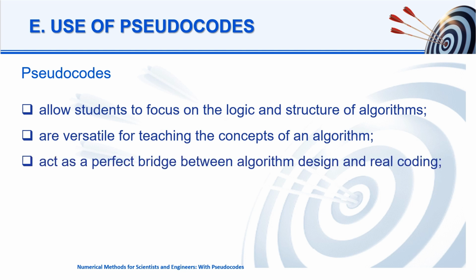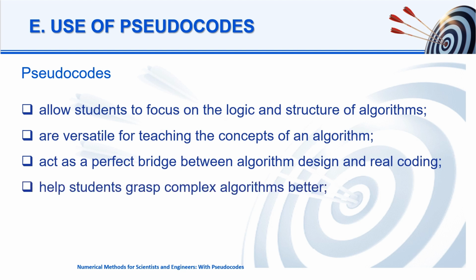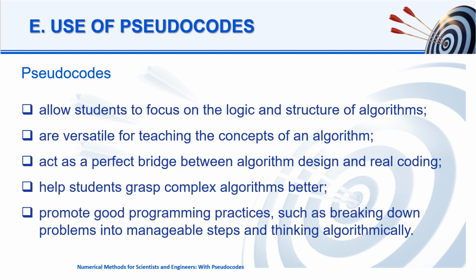They act as a perfect bridge between algorithm design and real coding, making it easy for students to convert pseudocode into code. They help students grasp complex algorithms better, as they can write out the steps in a more readable format. They promote good programming practices, such as breaking down problems into manageable steps and thinking algorithmically.